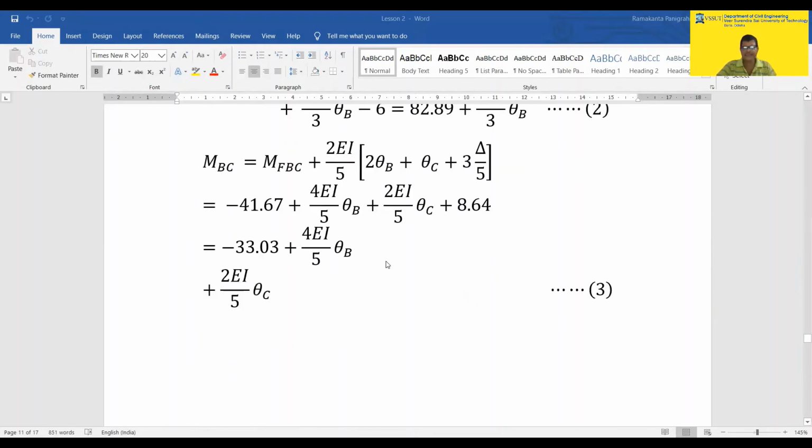Now come to MBC. Now it will be minus minus plus. It is not minus 3EI delta, because delta is negative, so it will be plus here. So the value will come as 8.664. So we put this value, it will come like this, the value of MBC.